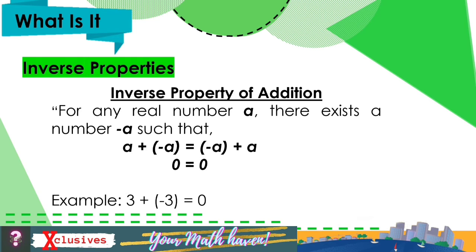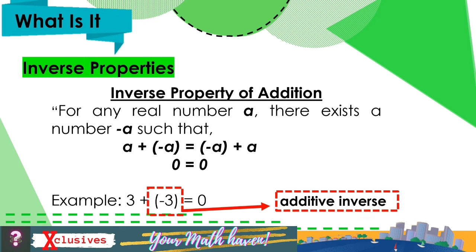In our example, we could say that negative 3 is our additive inverse. When we say additive inverse, we could simplify it as the opposite of the number. So in other words, any number added by its additive inverse or opposite, the result is 0.